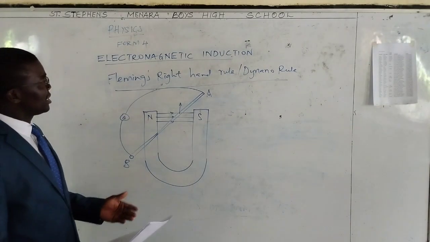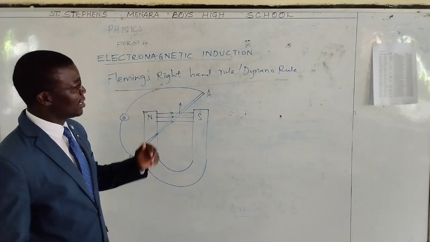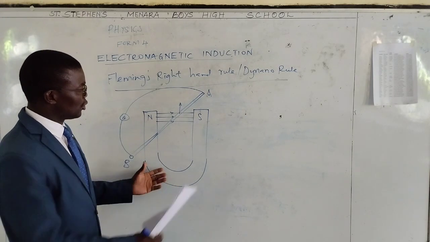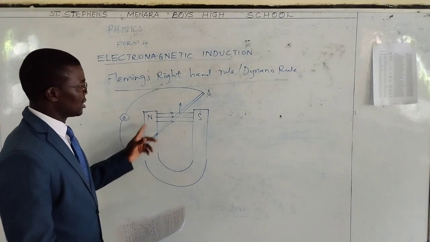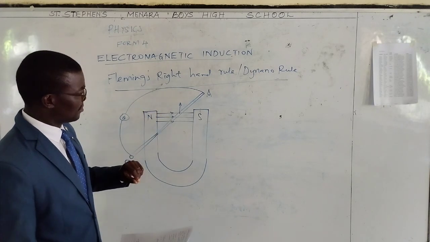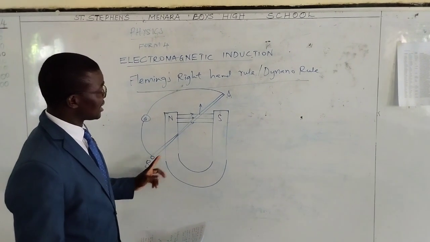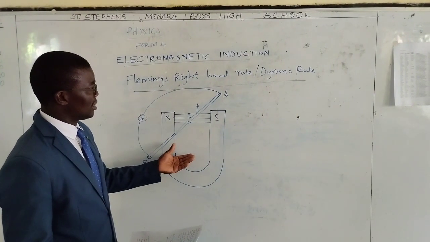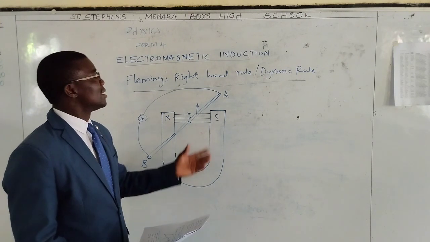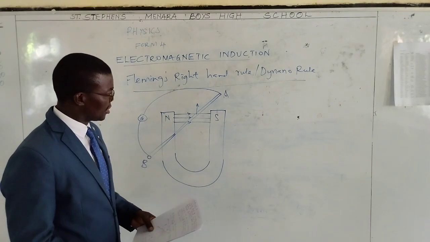Now, in demonstrating Fleming's right-hand rule, also called the dynamo rule, we have this setup. We have a U-shaped magnet, north pole here, south pole here, so the field moves from north to south. We have this conductor AB that is cutting the field, and to show that current is flowing in this conductor, we have a galvanometer connected to it.